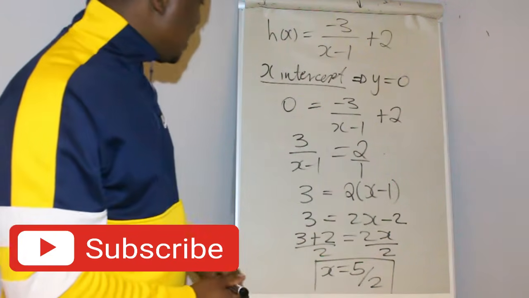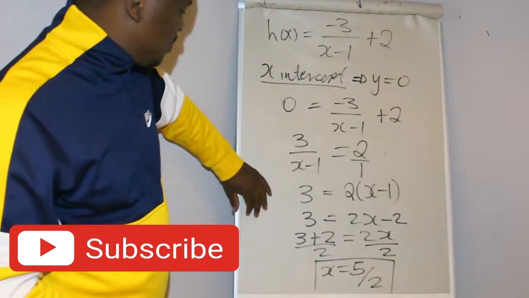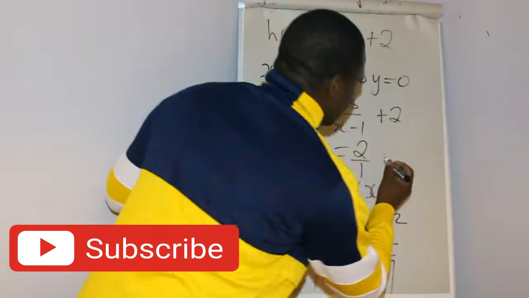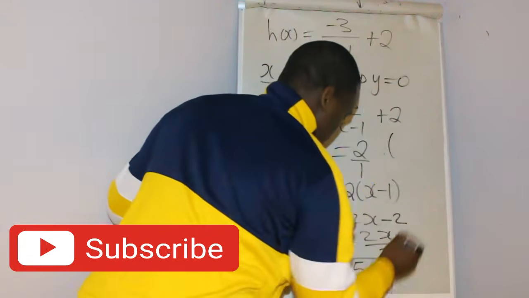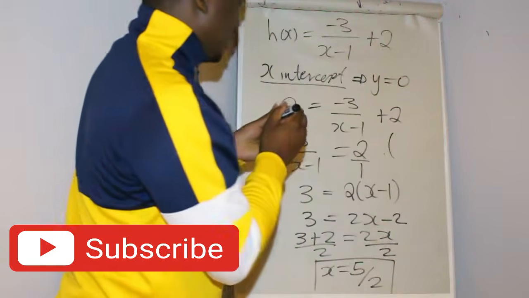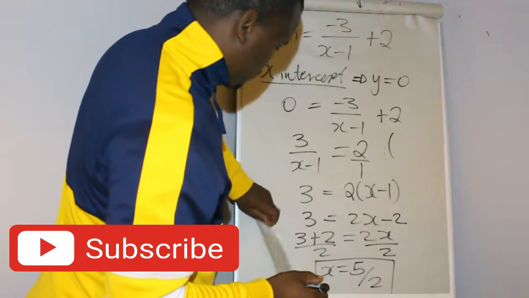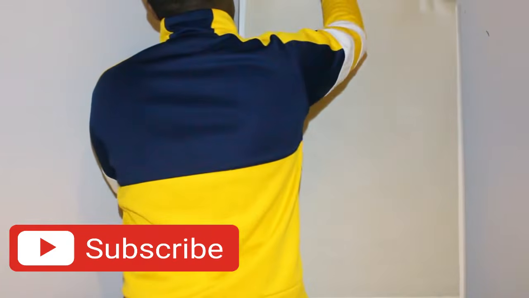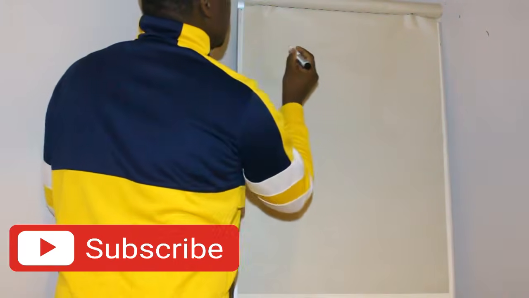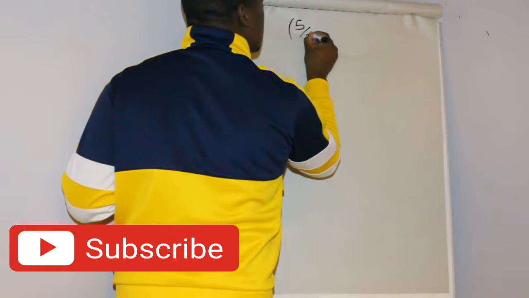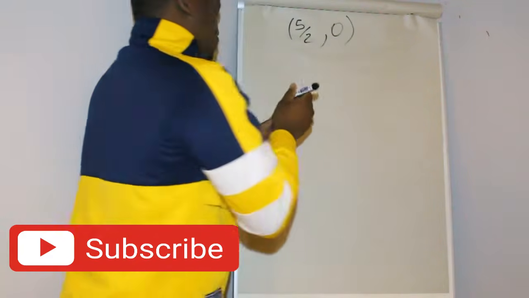Go do the similar thing for the y-intercept. So the coordinates of the x-intercept, what are they? Okay, I'll write them on the other page. The coordinates of the x-intercept are 5/2 and 0.